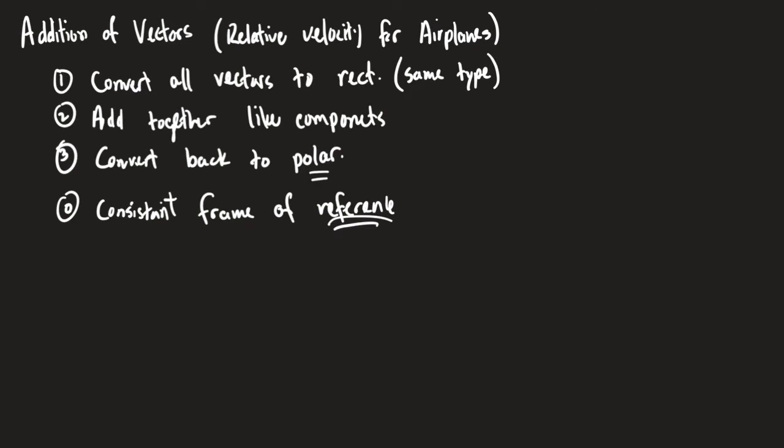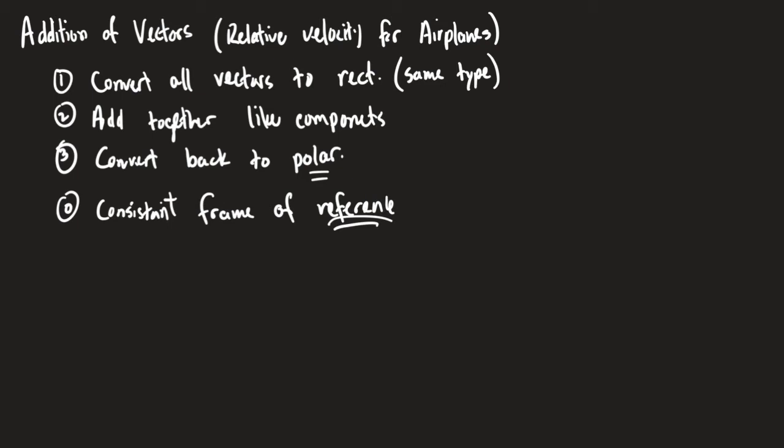A consistent frame of reference. I don't list this as a step because it's how you start the problem. So although there's 3 things that you have to do to add together vectors, you do have to have a consistent frame of reference or none of this works.